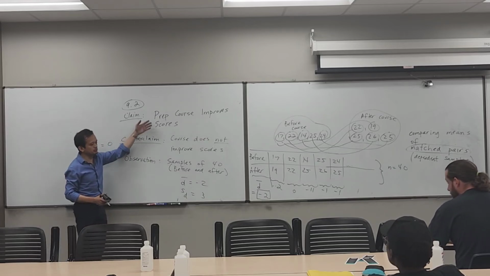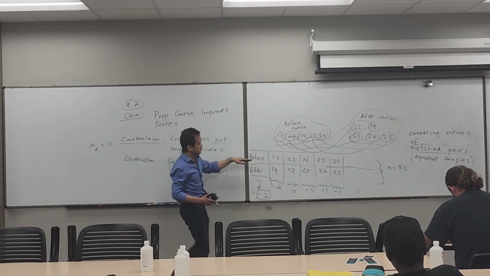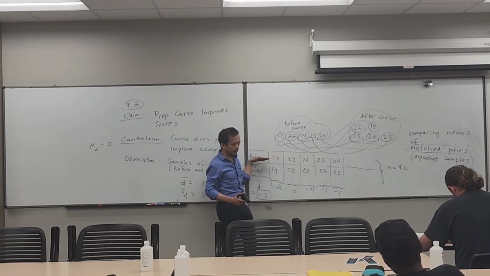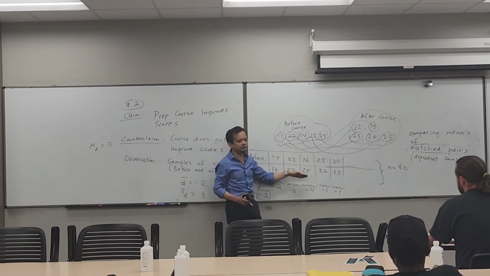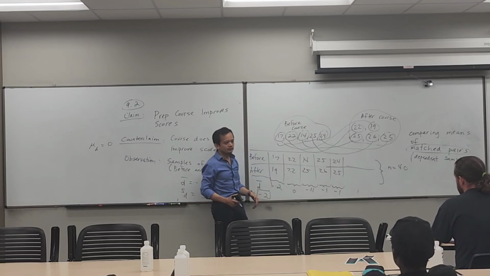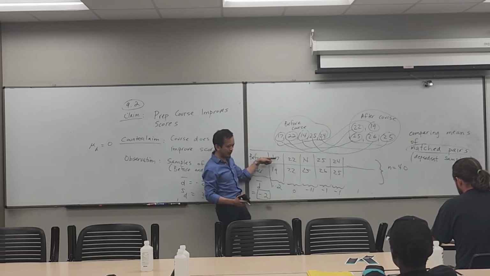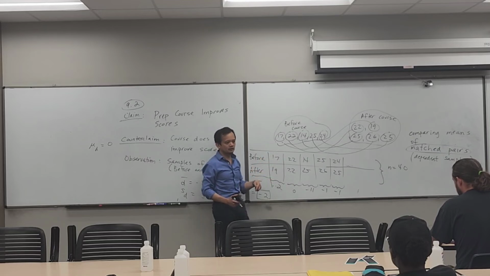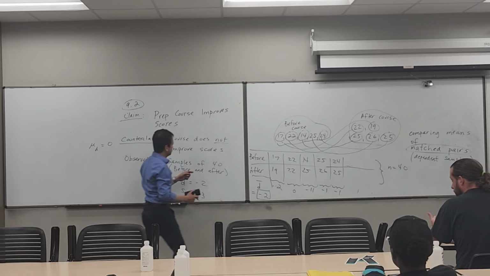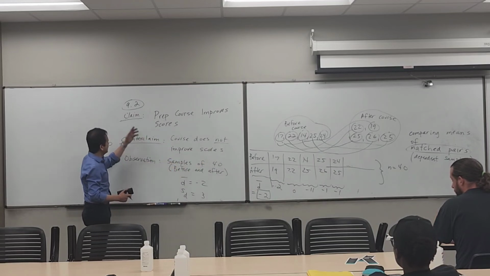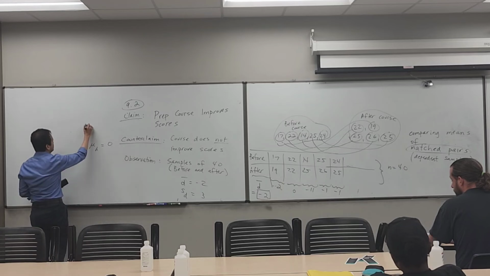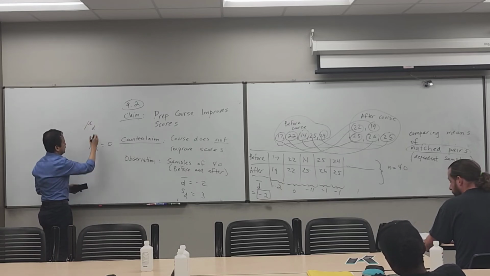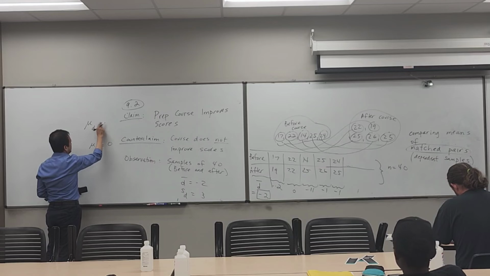But if the test prep does improve scores, that means as a whole, the number before taking the course will be smaller, a lower test score than the number after taking the course, right? So if you subtract a number that's smaller minus a number that's bigger, you're going to get a negative number. So using the convention that we're doing, if this claim is true, the prep course improves the scores, then the mean difference will be less than 0.